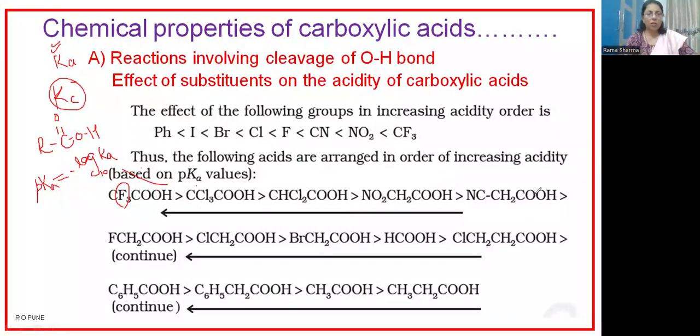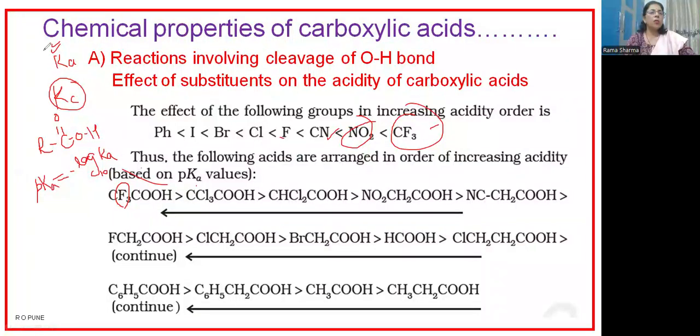We can look at the series of different substituents which increase the acidic character: fluorine, nitro group, cyanide group. Three fluorine atoms are present here, a single fluorine atom is present there. In this way, the acidic nature can be compared.